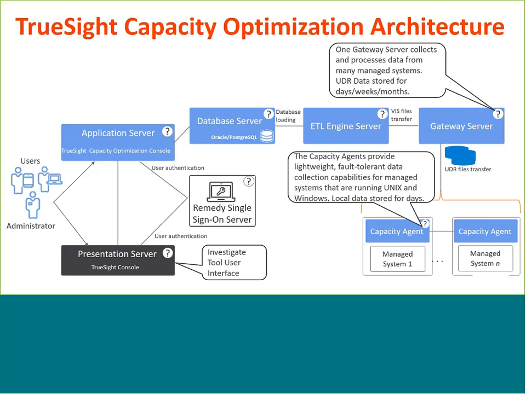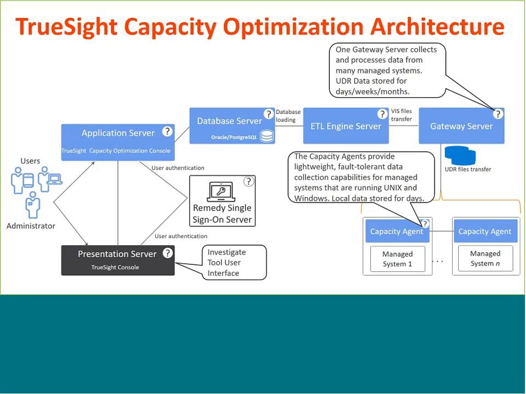So the TrueSight capacity optimization flow, where Investigate plays a part, starts with the capacity agents. The capacity agents are installed on individual Windows and Linux systems and virtual machines, and they provide near real-time and aggregated data for what happened in the last day. There's a local repository that stores exactly what happened for the last several hours on each agent.